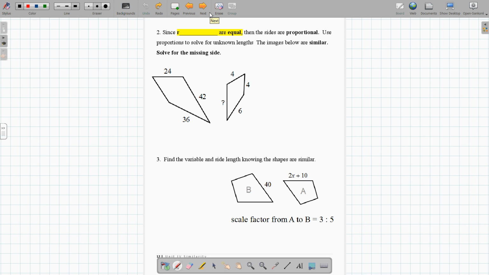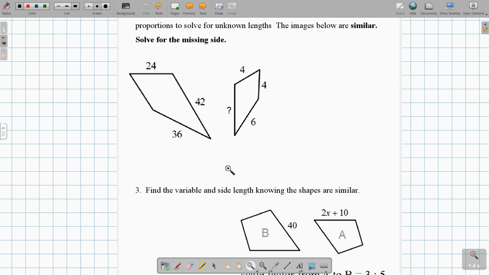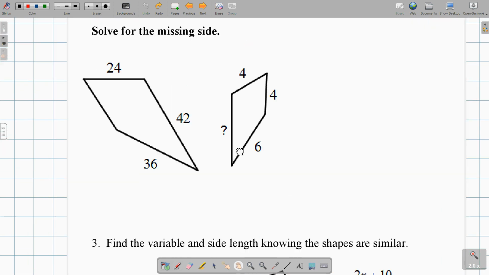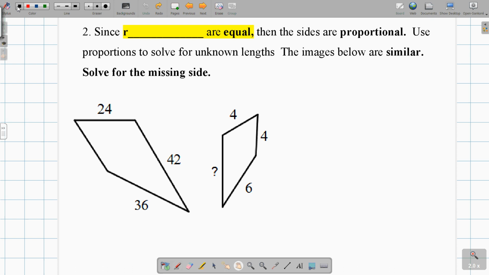So that's how you test for similarity. Now, if things are similar, we have equal ratios, which means proportional.